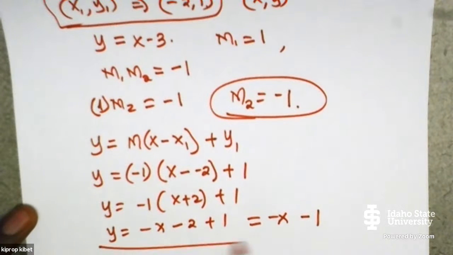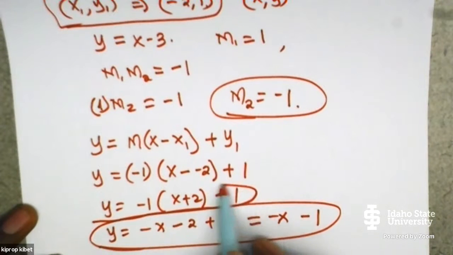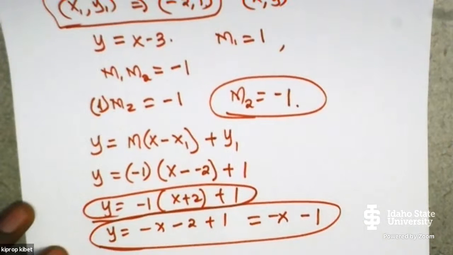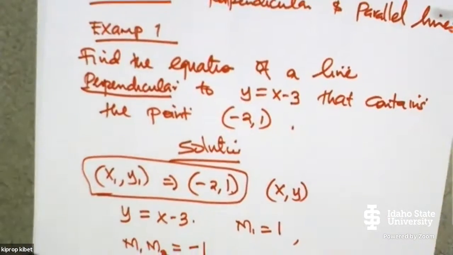So this is the equation of the other line. It is okay if you leave it at the bracket form, and it's also okay if you continue. So that is the equation of the other line. Make sure you know the difference between the perpendicular and the parallel.